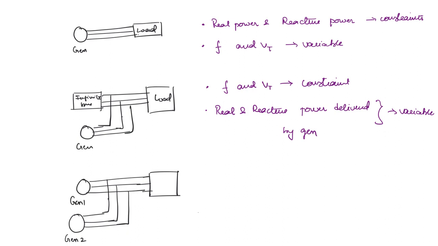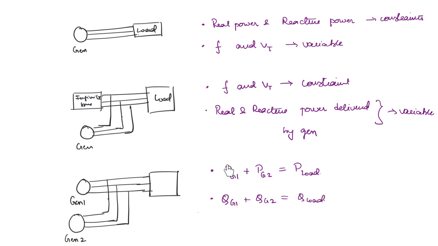In this case, what is the constraint? The real power delivered by generator 1 plus the real power delivered by generator 2 should be equal to the demanded real power. Similarly, the reactive power, Qg1 plus Qg2 is equal to Q load.